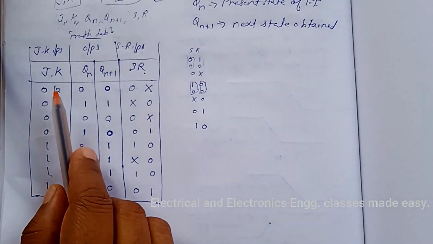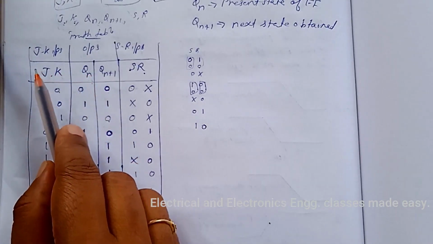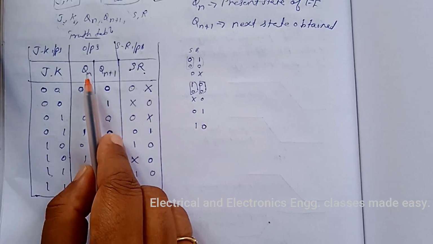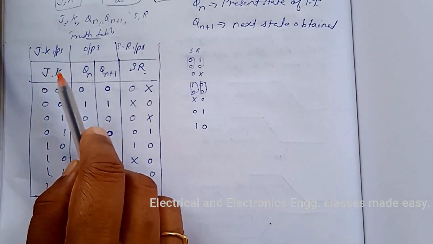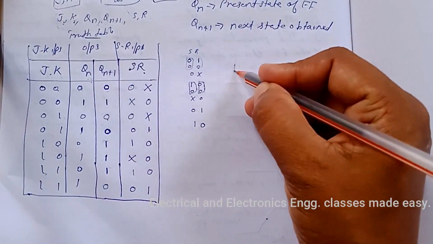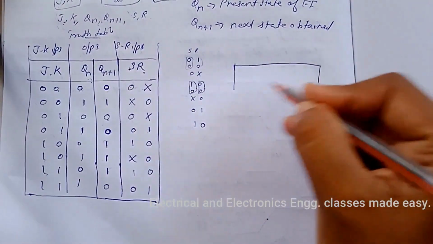And here what will be the inputs? J, K and the present state of the flip-flop will be the input. So using K map, let us design S and R.